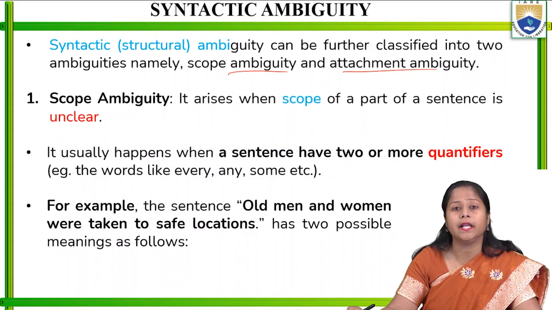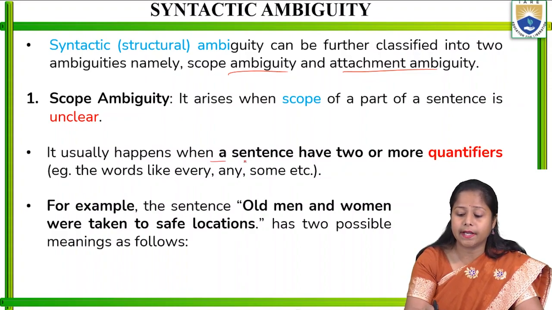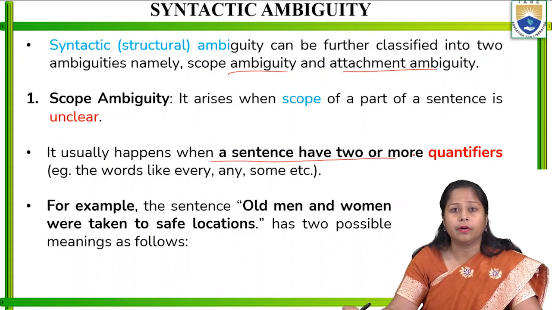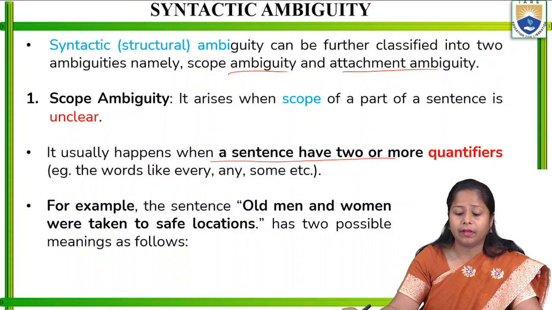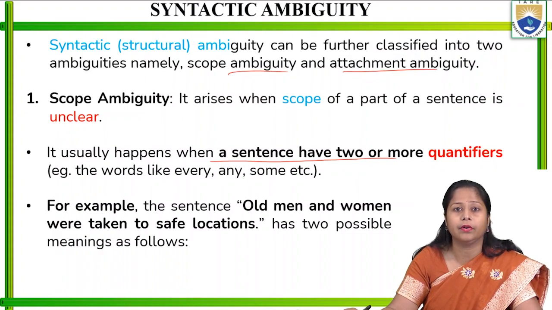When a word has been kept in a sentence, it does not give any clear meaning. It usually happens when a sentence has two or more quantifiers. What are quantifiers? Words like every, any, some, which interpret something additional with a particular word.